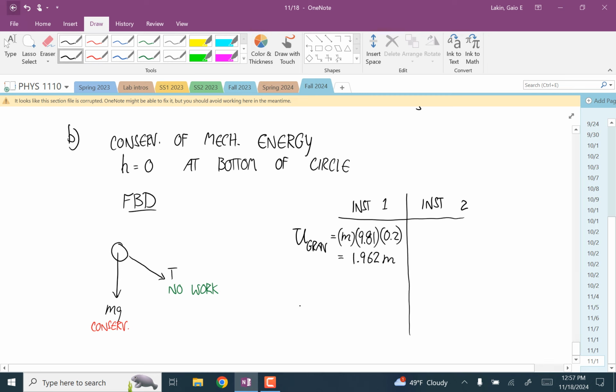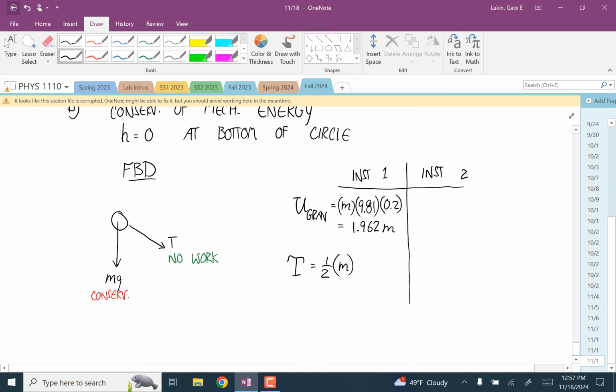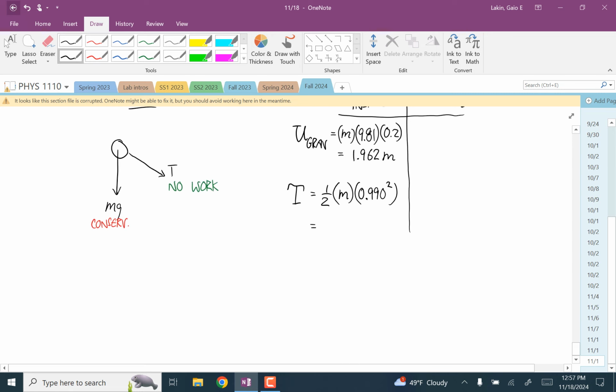And then the kinetic energy at that first instant at the top, that's 1/2 times the mass times the speed squared. Our speed is 0.990. And so that is 0.4905 m.